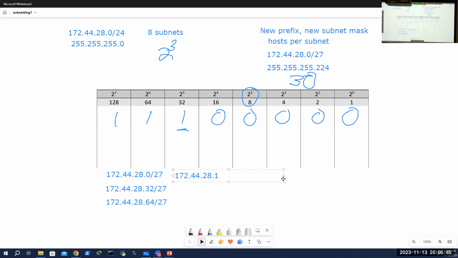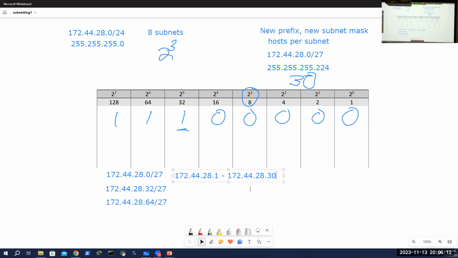So 28.1, and then the last could be 31? No, 30. Right, subtract 2: 1 for the network ID, 1 for the broadcast. So 1 through 30 gives us 30 addresses. That's the other way to check your work.